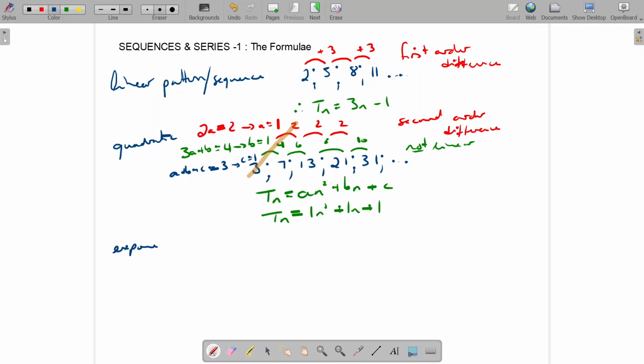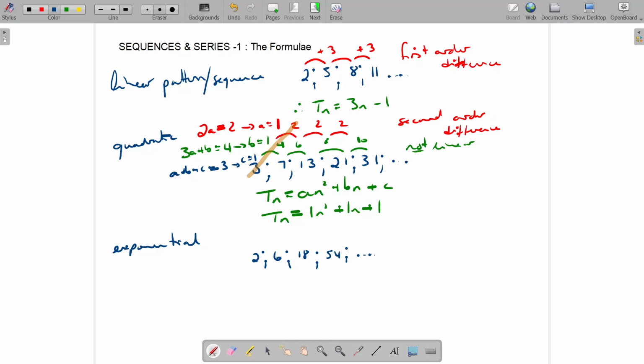There was also some work done in grade 11 regarding exponential, but not a heck of a lot went into it, and we will look at that in more detail now. There was some look at exponential such as 2, 6, 18, 54, but not all that much information went into it.